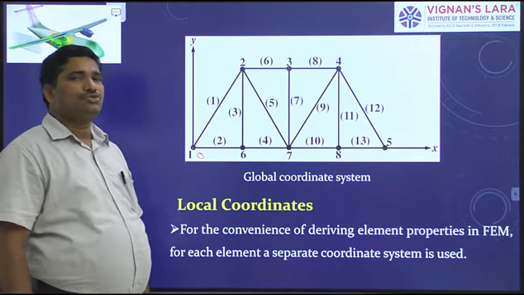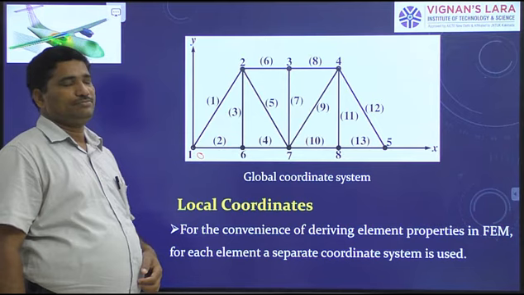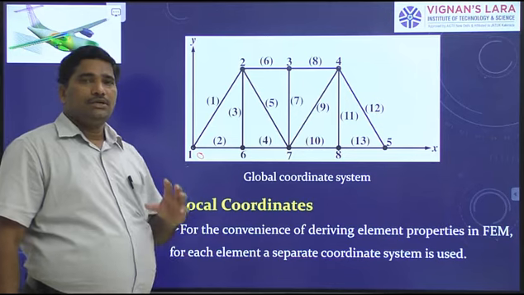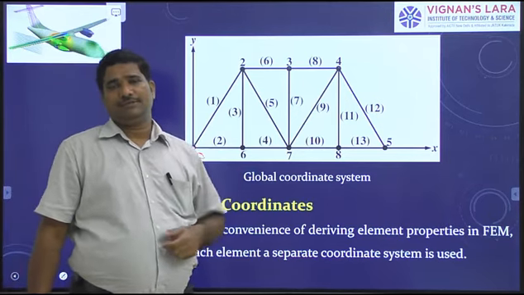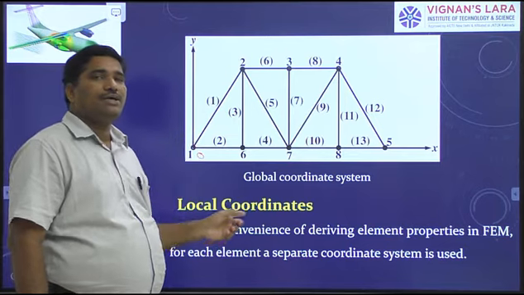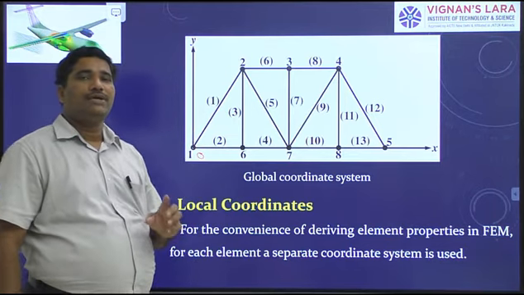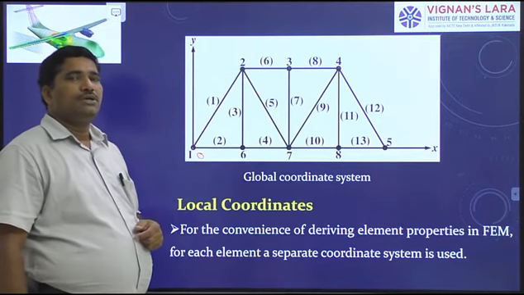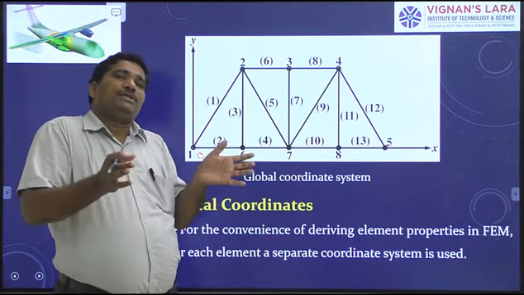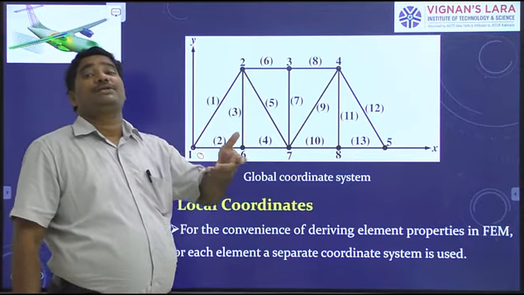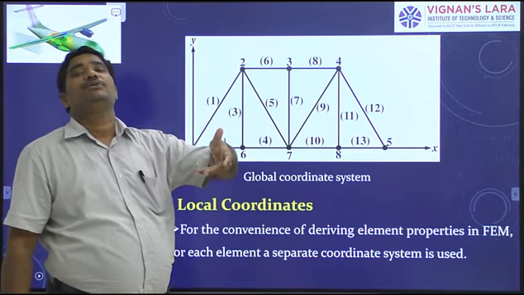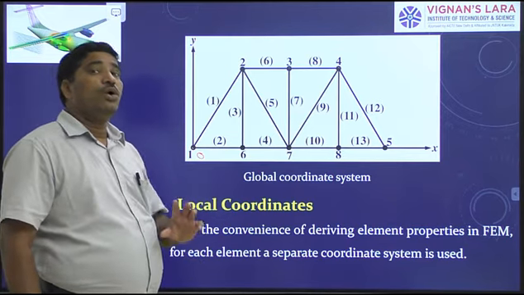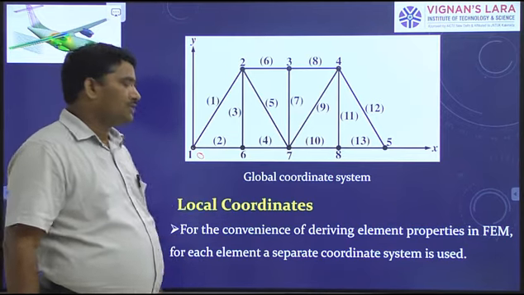Local coordinates are used to derive element properties, whereas global coordinates are used to derive the properties of the domain. Local coordinates are used to derive element properties of the subdomain. When you assemble all the properties of the subdomains, you get global properties. They are the properties of the domain. So global coordinates we use to derive global properties or properties of the domain.